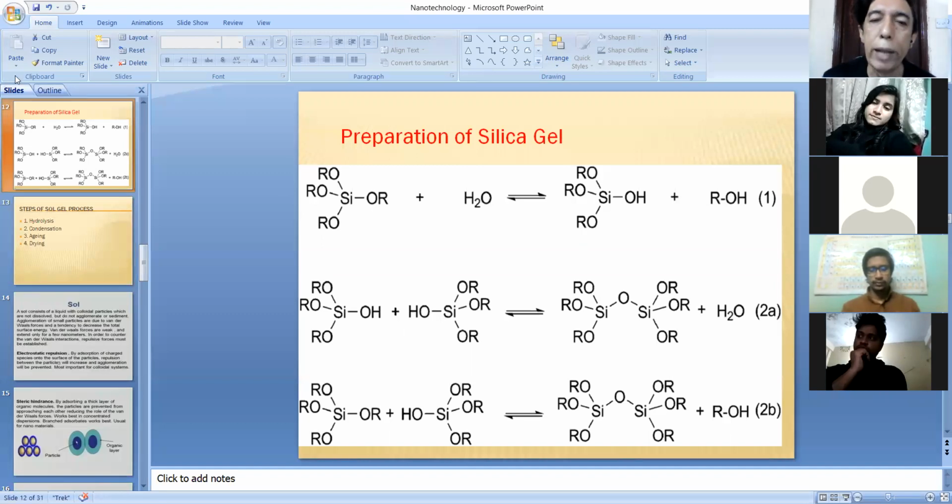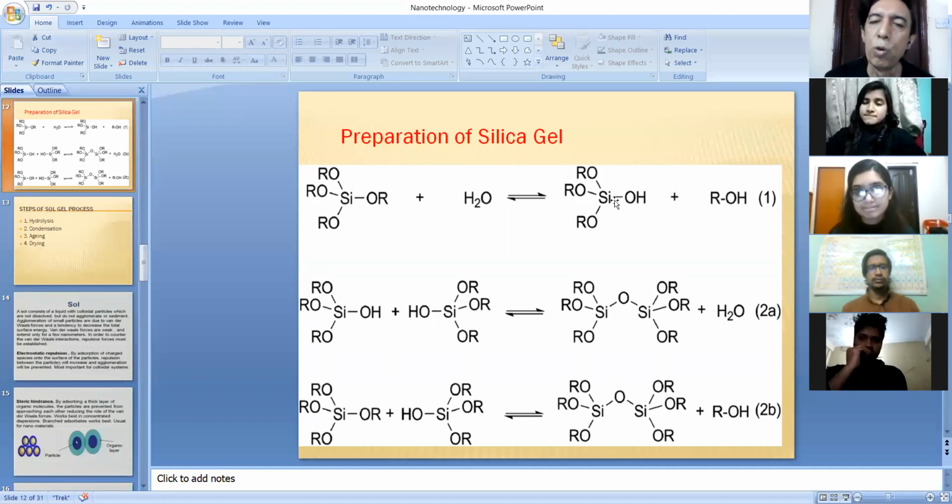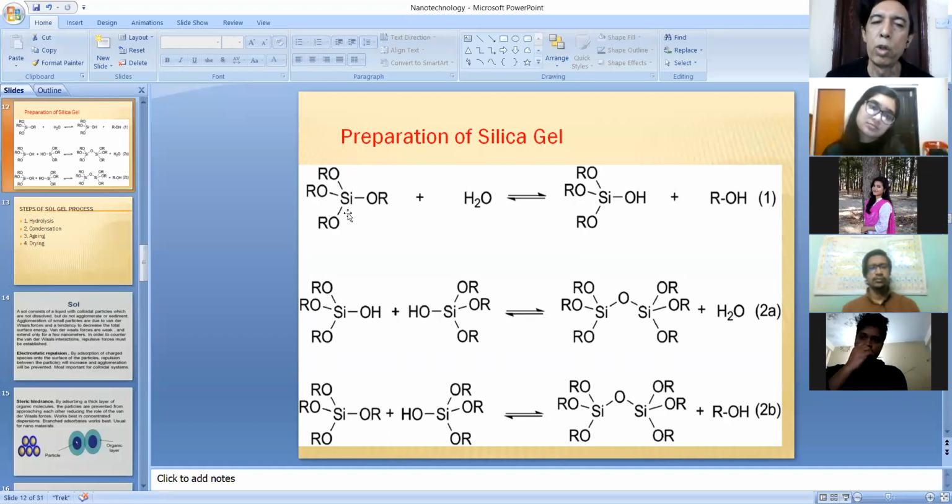Now, this is the hydrolysis portion, and the condensation is done in 2 ways. First one, 2 of these alcoholic silanes can be condensed, or 1 alcoholic molecule and 1 alkoxy molecule, that means tetraethoxy or tetramethoxysilane, can be condensed.